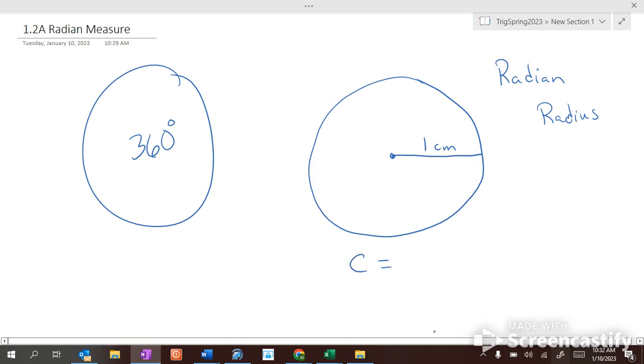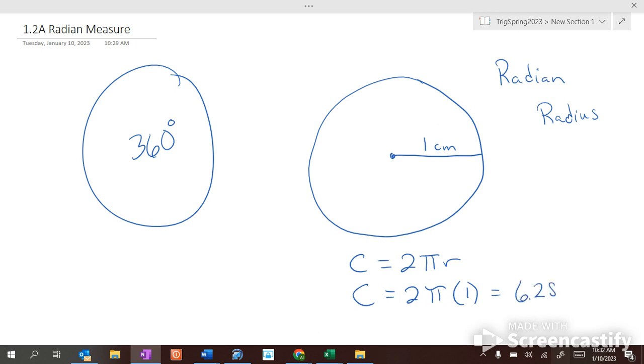The circumference of a circle is 2 pi r. So the circumference is 2 times pi times, in this case, 1. What's 2 times pi? Well, it's 2 times 3.14159265. But basically, it's like 6.28. So this would be approximately 6.28 centimeters around that circle.